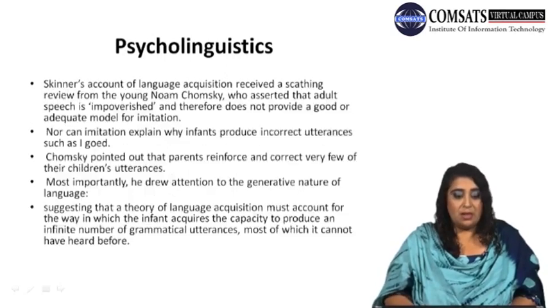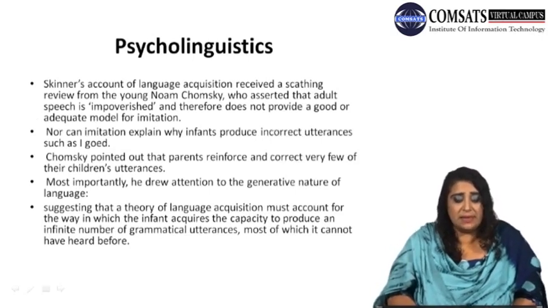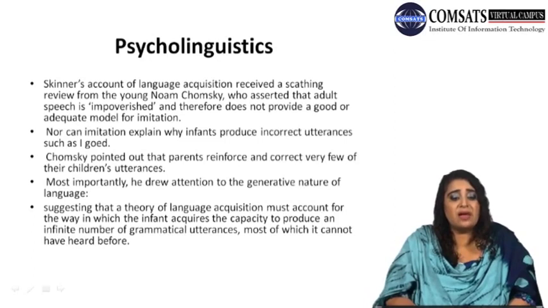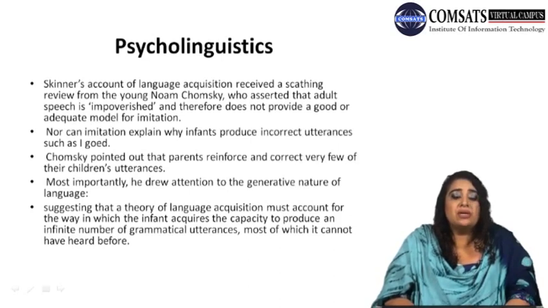So Skinner's account of language acquisition received a scathing review from the young Noam Chomsky, who asserted that adult speech is improvised and therefore does not provide a good or adequate model for imitation.